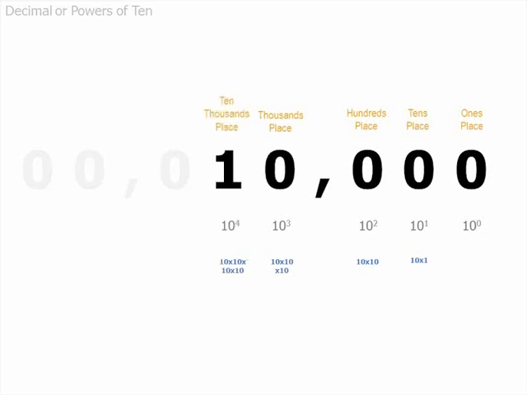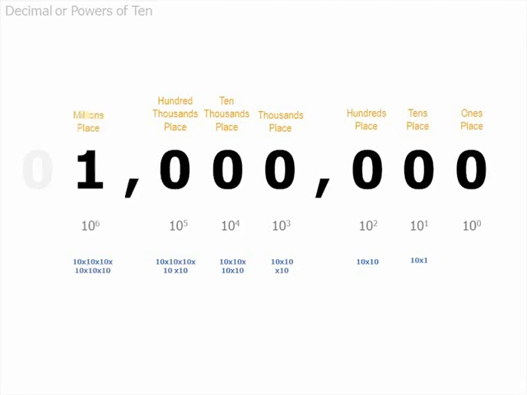Then you have the 10,000s place, the 10 to the fourth power, 10 times 10 times 10 times 10. Then the 100,000s place, 10 to the fifth, 10 times 10 times 10 times 10 times 10. Then you have the millions place, which wouldn't we all like to make $1 million? You have 10 to the sixth power, 10 times 10 times 10 times 10 times 10 times 10.